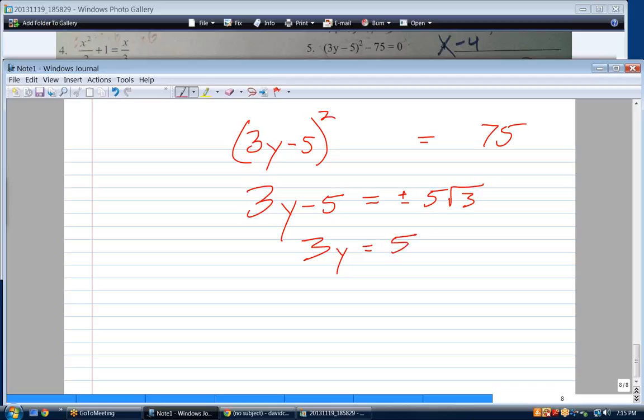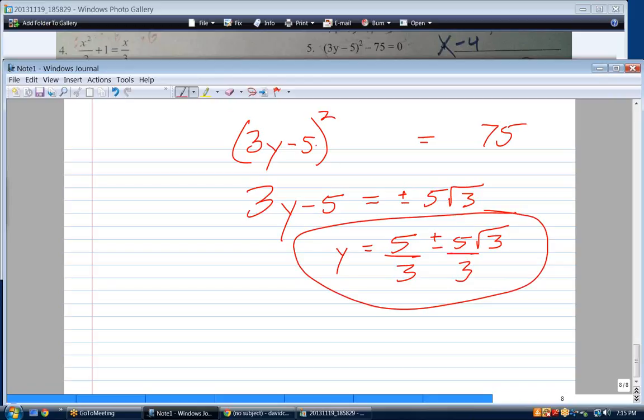Let's put it in the same format that we would have it if we were using the quadratic formula. Okay. Now what's the final step? Divide everything by 3. And that's actually a perfect final answer.